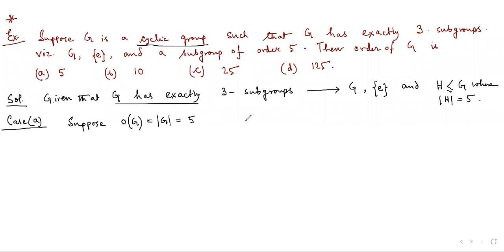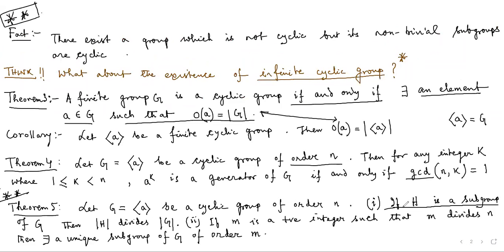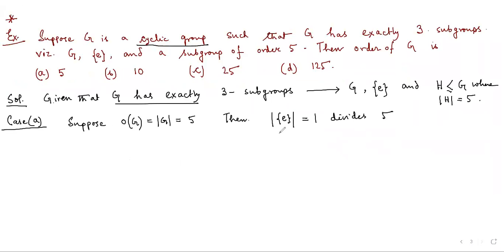Now, in this case, the cardinality of the subgroup E, the trivial subgroup, which is equal to 1, divides the order of the group, because the order of a subgroup divides the order of the group, as we know from the theorem. Also, the cardinality of G, which is 5 according to our assumption, divides itself.